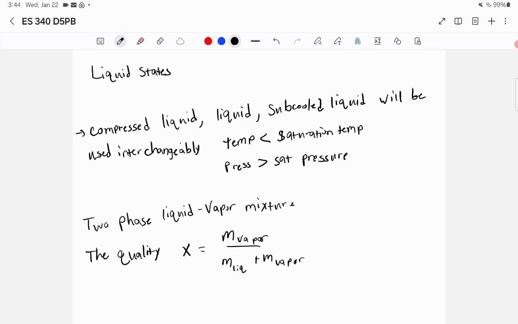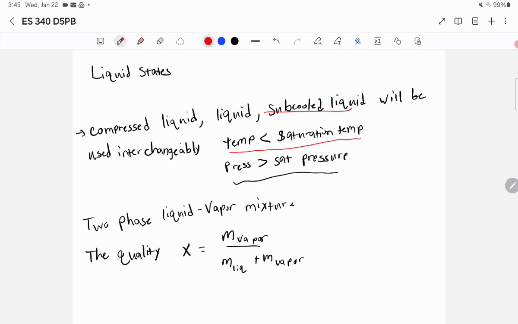So compressed liquid, in this book at least, compressed liquid, liquid and supercooled liquid are all going to be used interchangeably. And the basic idea here is that we say compressed liquid because the pressure tends to be greater than the saturation pressure, or the temperature is less than the saturation temperature, hence the word subcooled liquid.